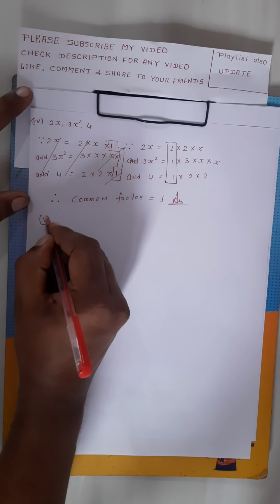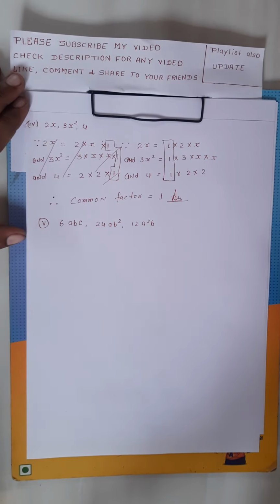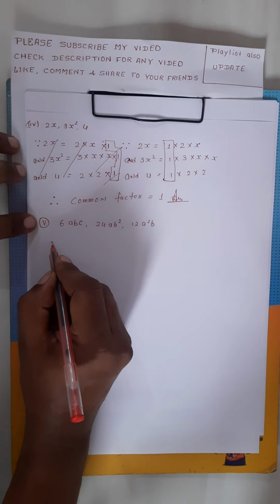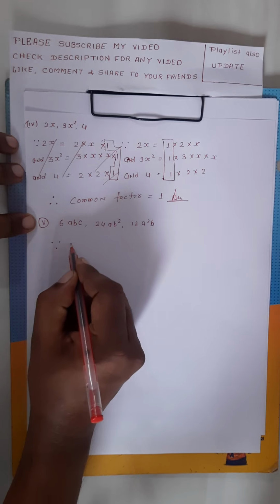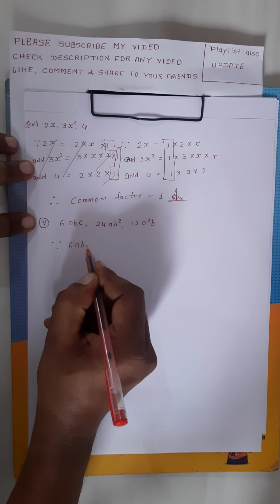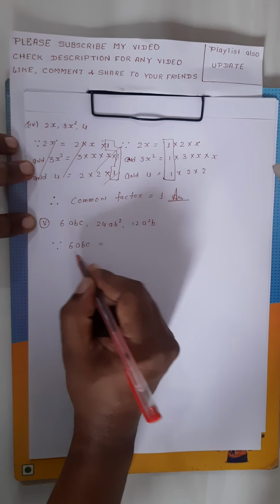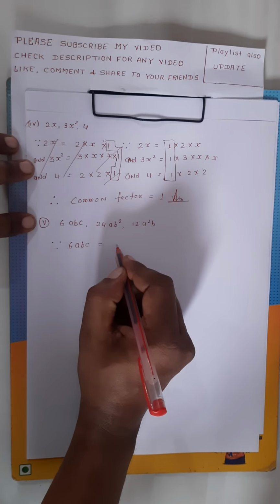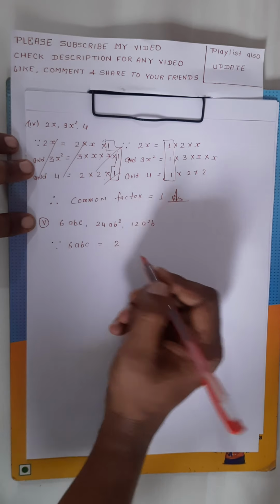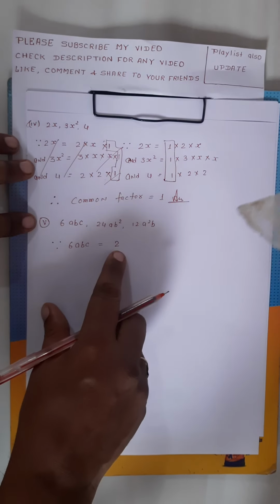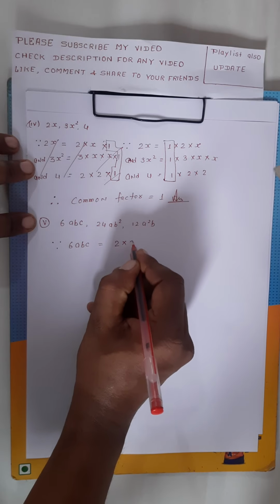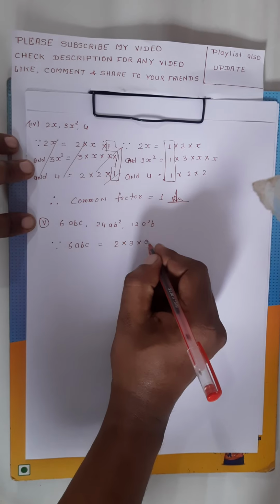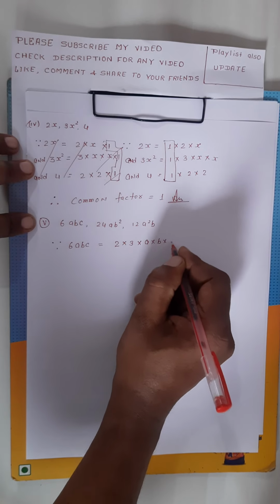Now question number 5. Since 6abc is equal to, if we divide 6 by 2, 3 will come. So 2 into 3 into a into b into c.